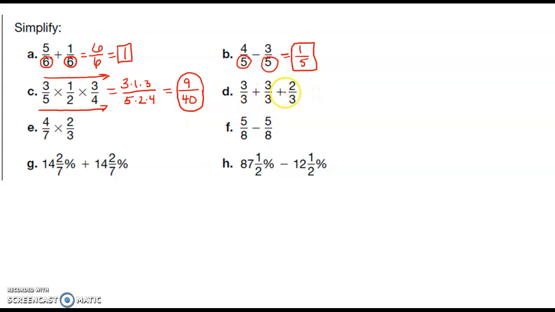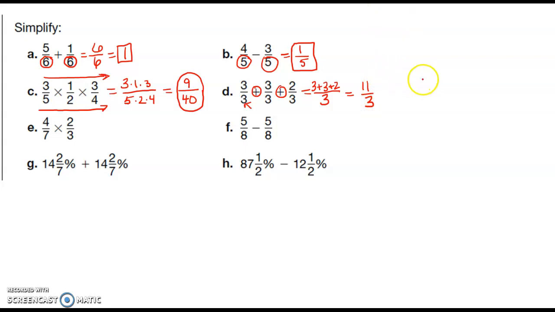Here we're just going to add across the top, okay? So when we add, nothing happens to the bottom. Very different than multiplication, okay? So whatever we come up with is going to be over 3. So this is 3 plus 3 plus 2 all over 3. 3 plus 3 is 9, plus 2 is 11.